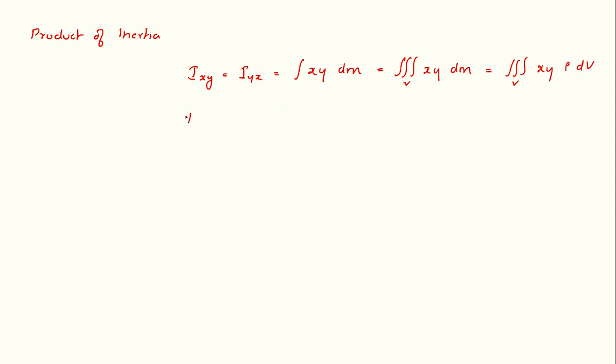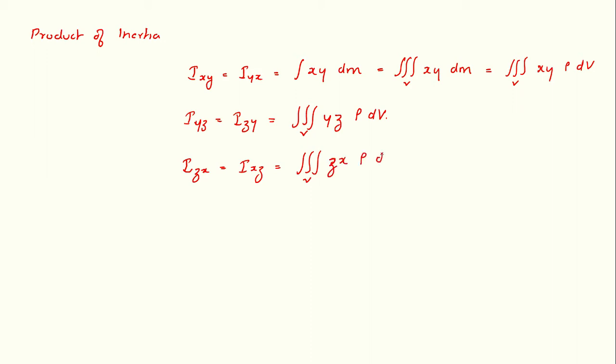Similarly I can get I yz, that is equal to I zy, and similarly I can also get I zx, that is equal to I xz, that is equal to the volume integral zx into rho dv.